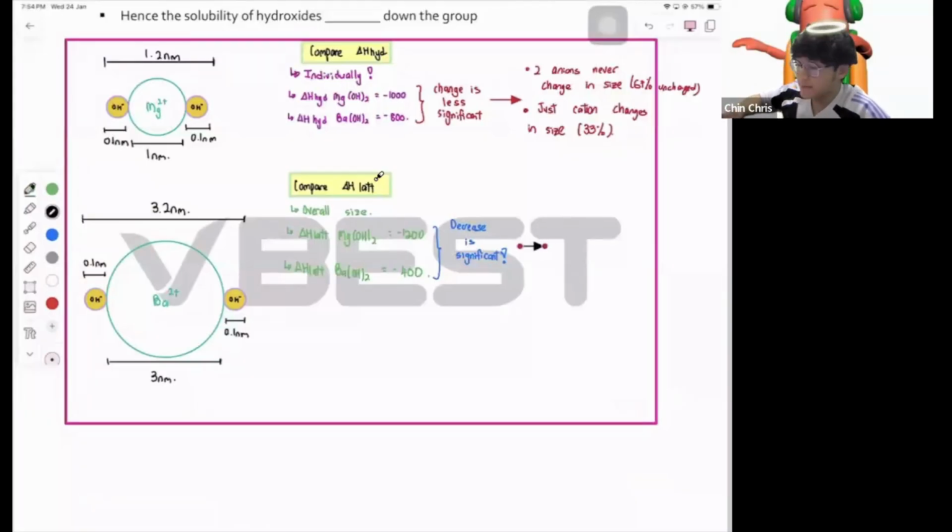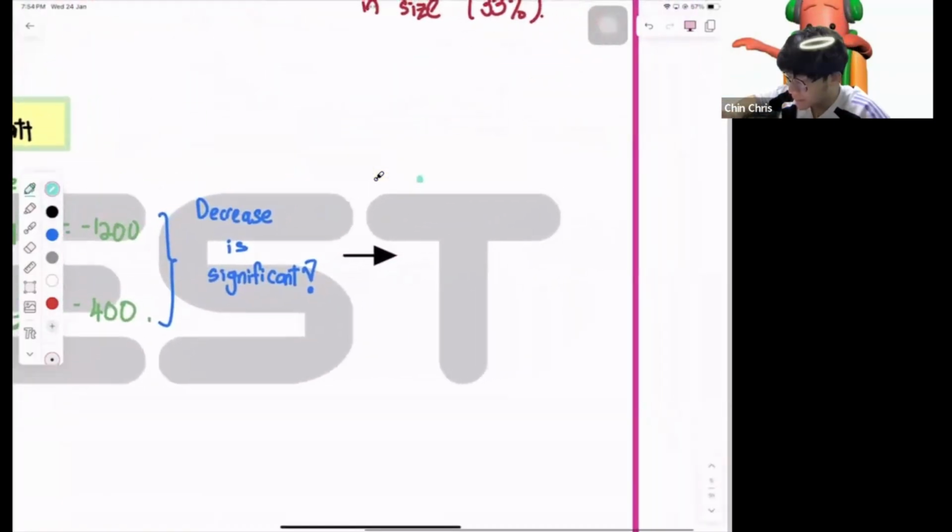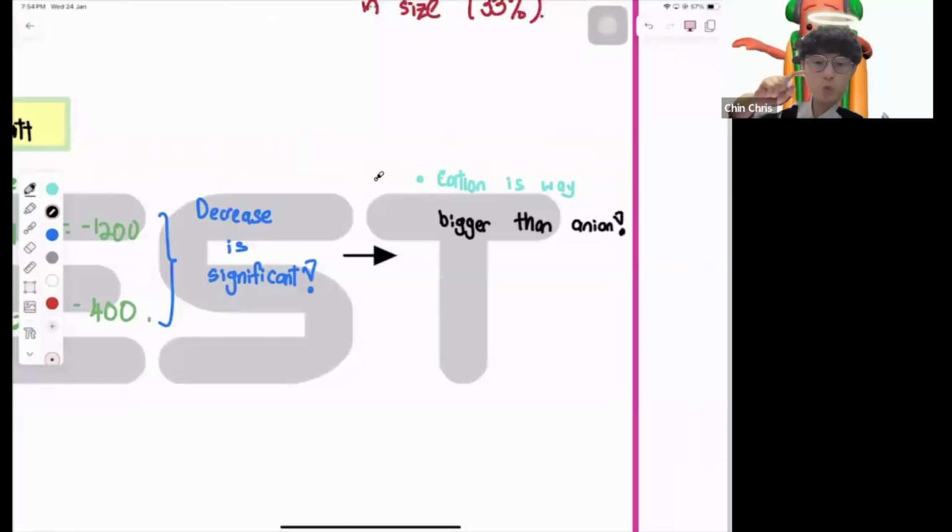Because in magnesium hydroxide and barium hydroxide, your cation is way larger than your anion. Am I right? Your cation is way bigger compared to your anion.